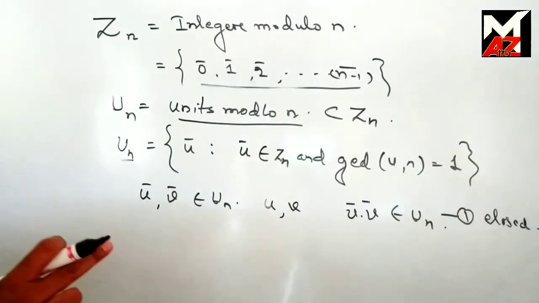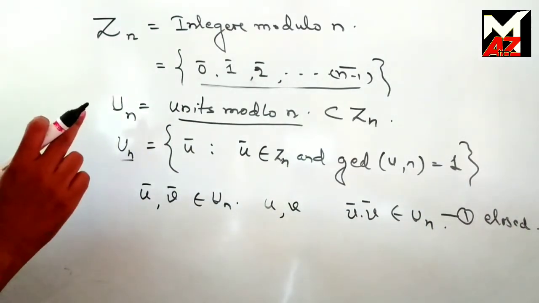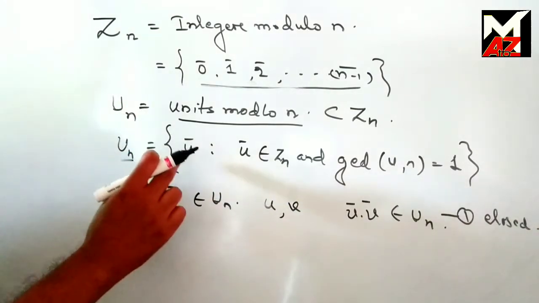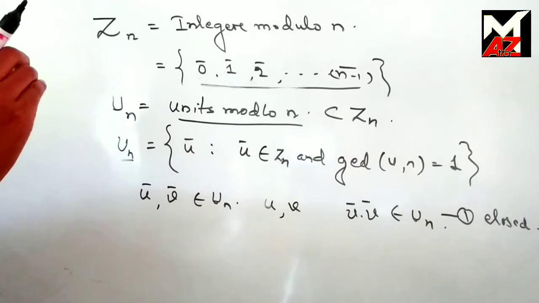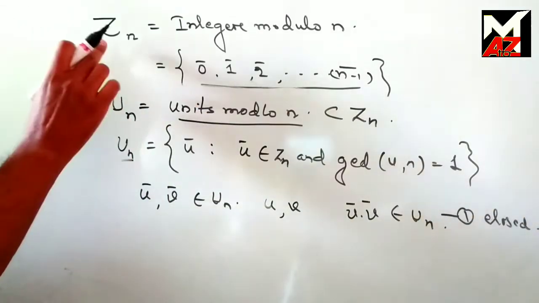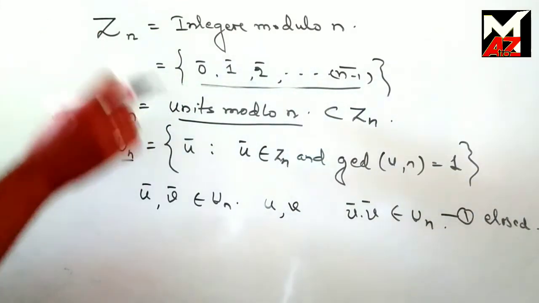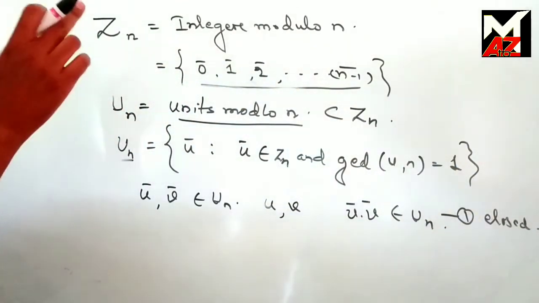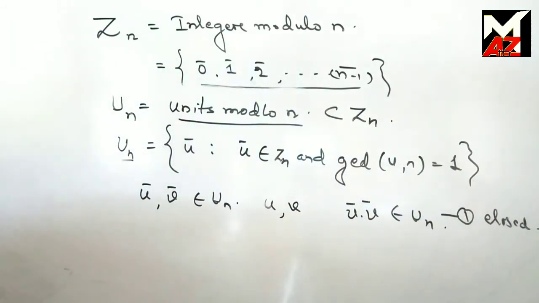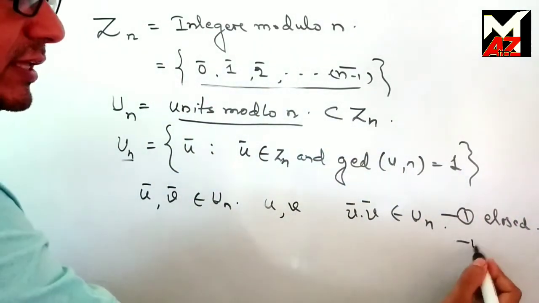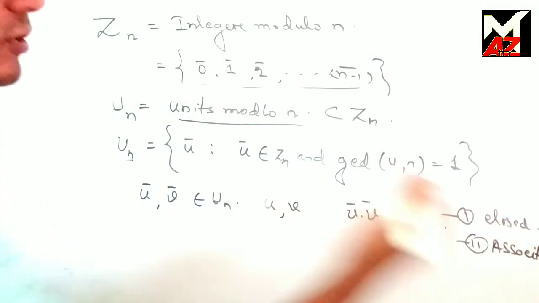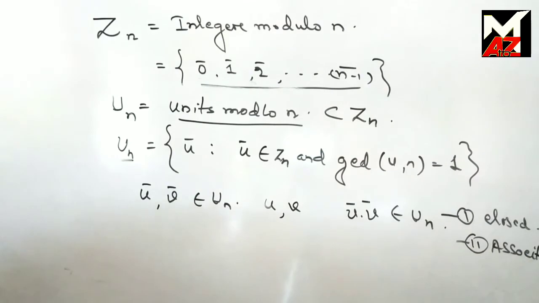We know that the multiplication modulo n is associative in Zn, and since it holds in the mother set Zn, by the hereditary property we say that this holds in Un. So the second property, that is associativity, is also held.